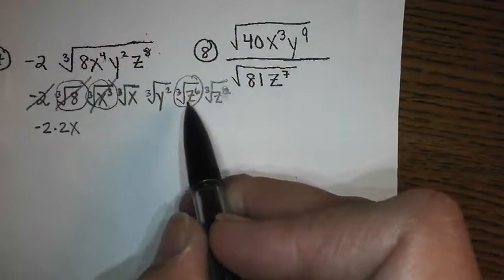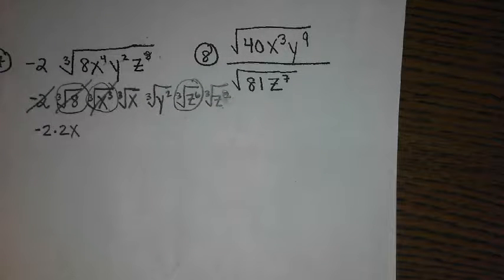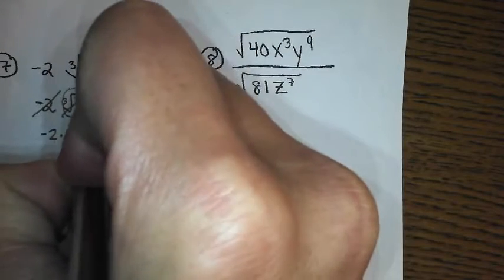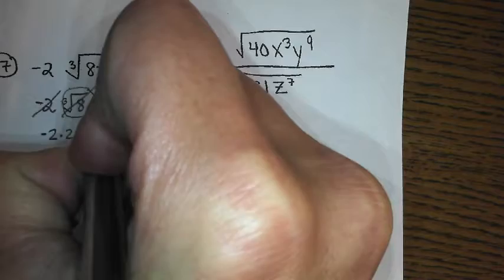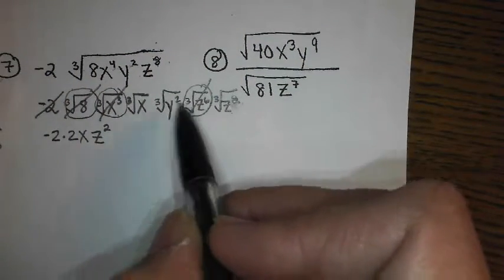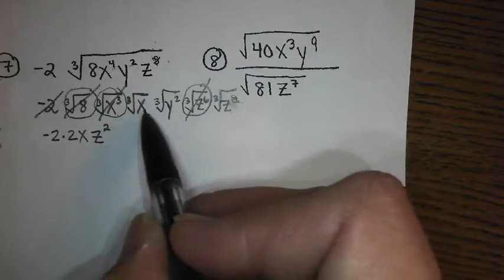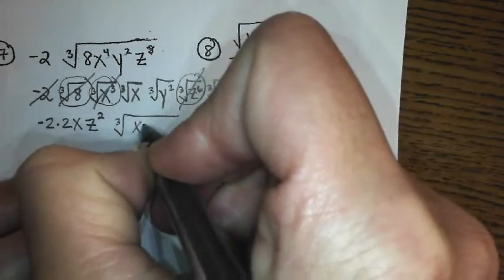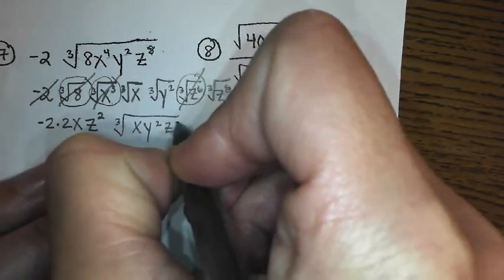And what is the cubed root of z to the 6th? Z squared, because 6 divides by 3 twice. And then everything that's left that's uncircled and unaccounted for has to just be smushed together underneath a final radical. The cubed root of x, y squared, z squared.